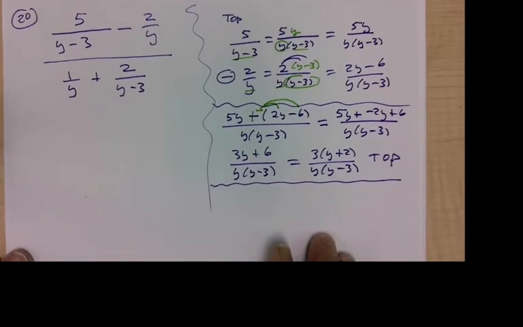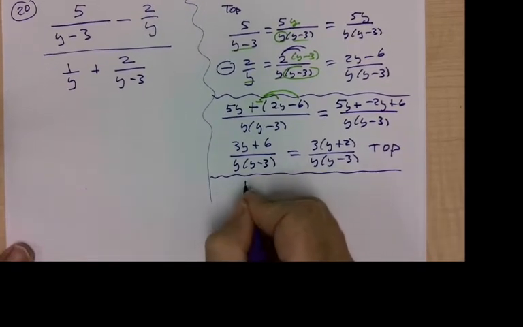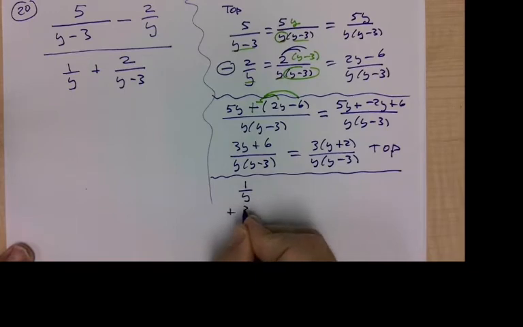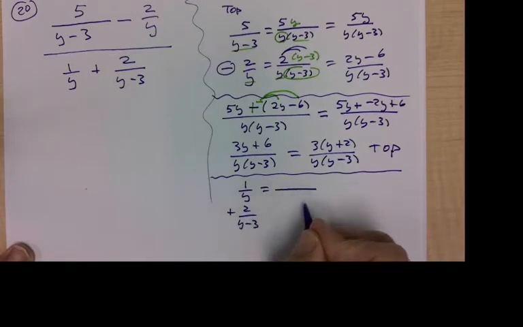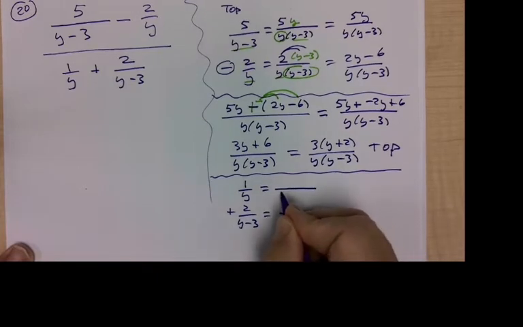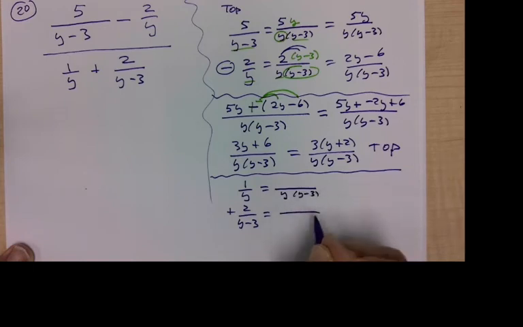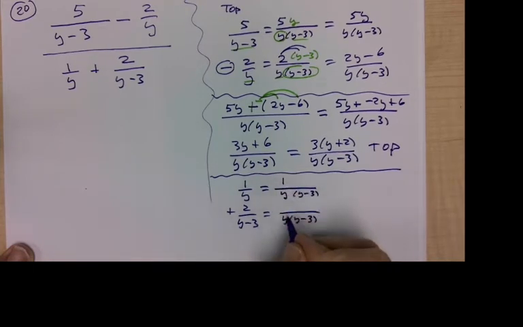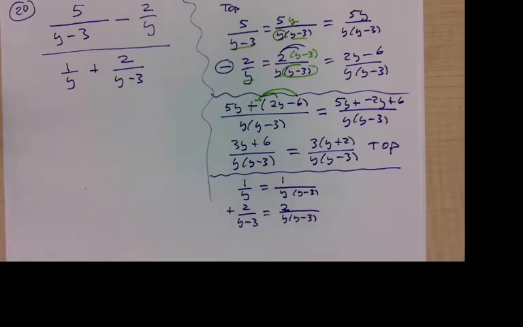Now I'd like to do the bottom next, which is 1 over y plus 2 over y minus 3. My common denominator again is y times y minus 3. The 1 and the 2 are still there. What's new?